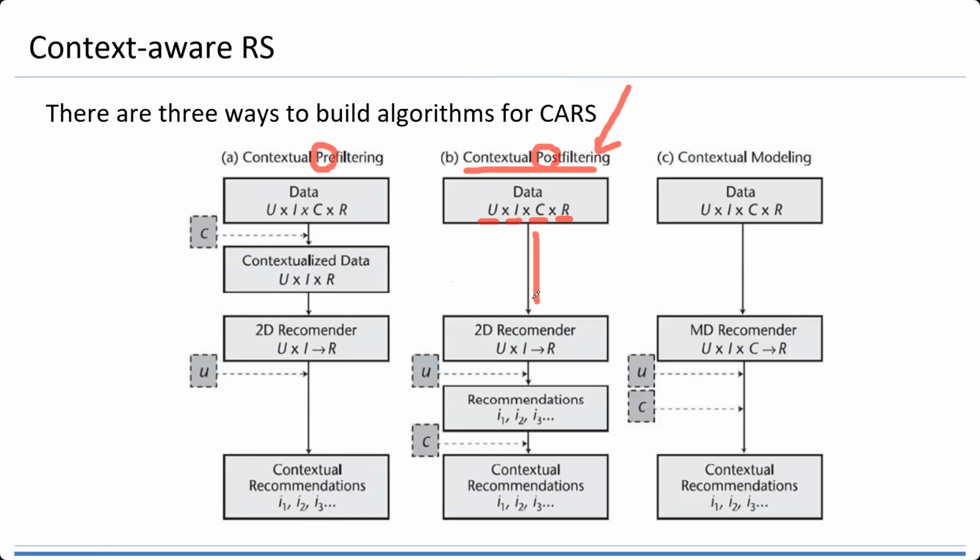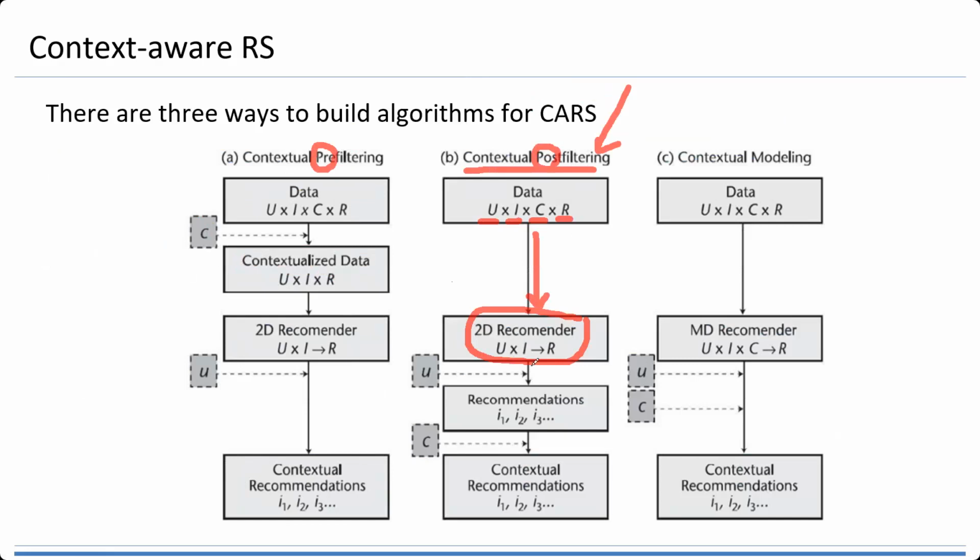Now you will do the recommender first. So you include all the data and you will recommend based on the U and I. We assume that we use the rating information.